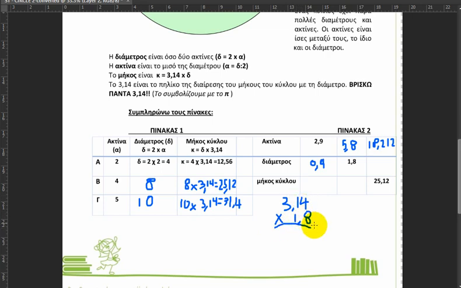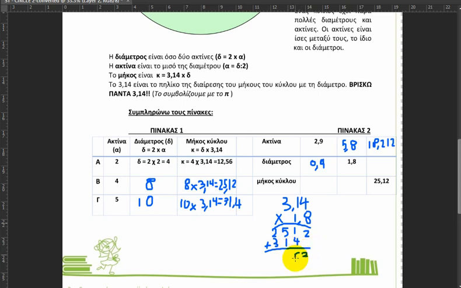So this is going to be 8 times 4. Yeah, we have this here, 25.12. So let's say 1, 5, 2, and then the 4 goes here, and the 1 goes here, and the 3 goes here, and we add them all together.